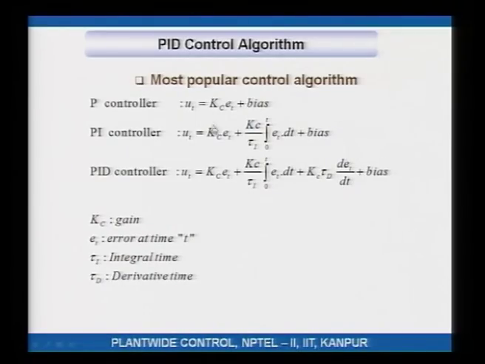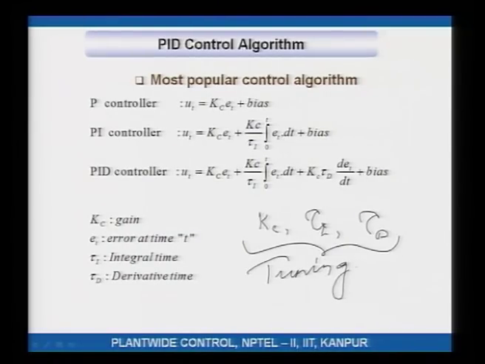These constants Kc, tau I and tau d are called tuning constants. These are constants that are in the hands of the designer to get the desired control response, the desired control performance.